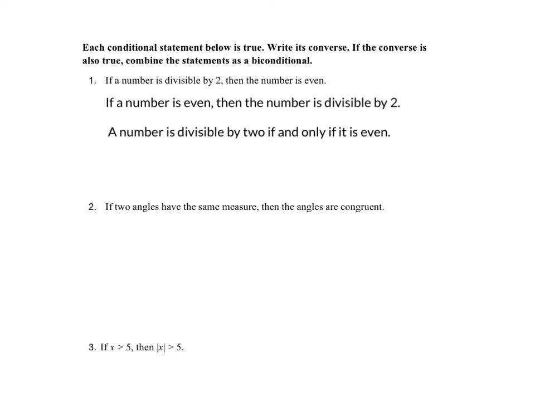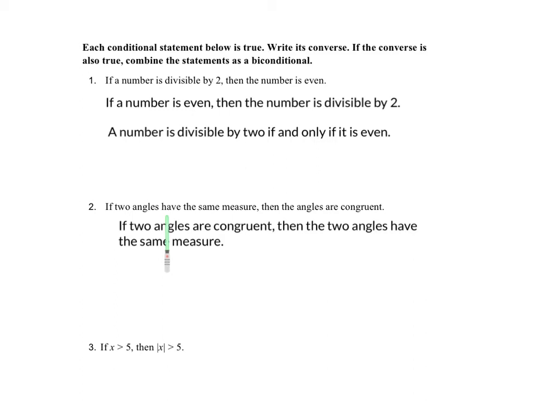So the converse: if two angles are congruent, then the two angles have the same measure. That's also true, right? Because only two angles that are congruent have the same measure.